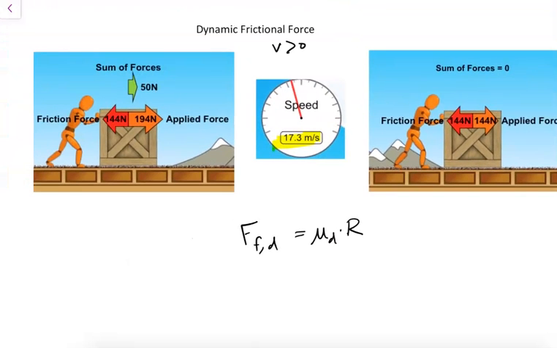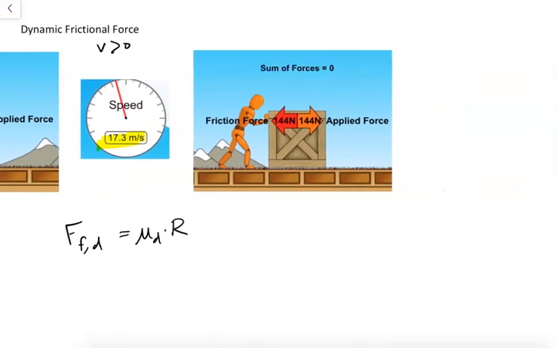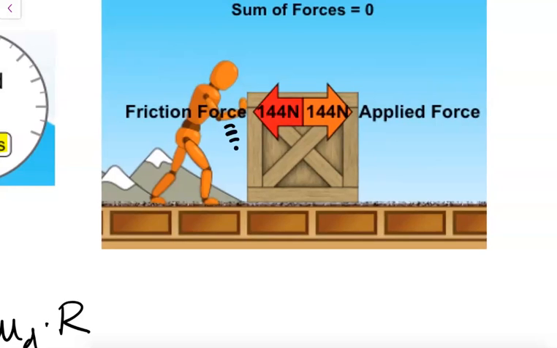So whether it's being pushed and it has some speed right here, in this case the net force is greater than 0 and v is greater than 0, so the frictional force is dynamic. And in this case, although we can't really see it, this one is still moving as well.